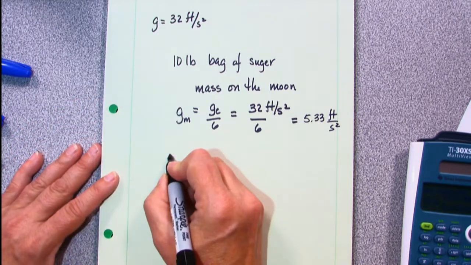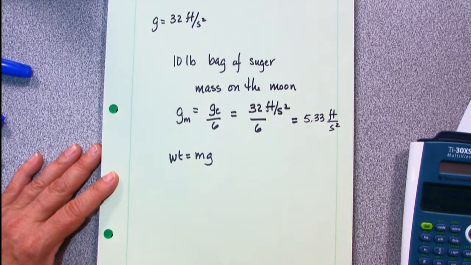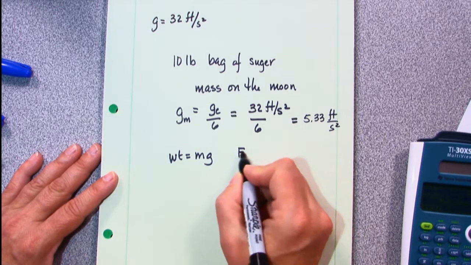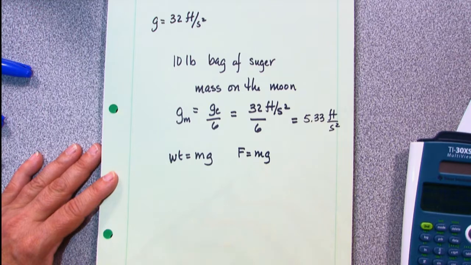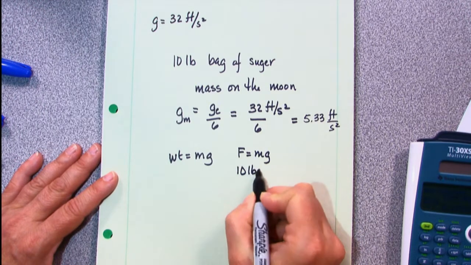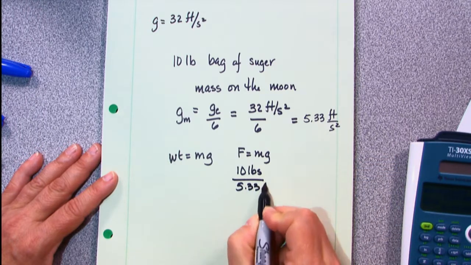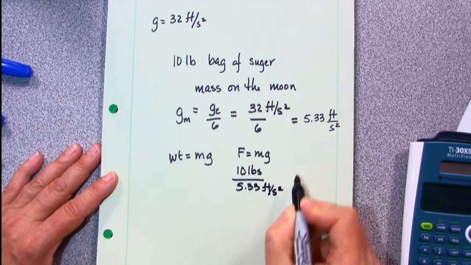If weight, or force, is equal to mass times gravity, I'm solving for mass. The force was 10 pounds, and my gravity is 5.33 feet per second squared.